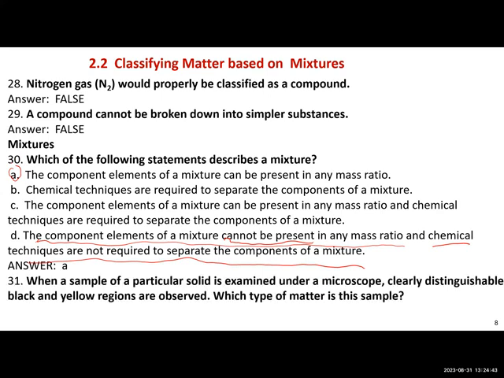If you look at a particular solid under a microscope, clearly distinguishable black and yellow regions are observed. Which type of matter is this sample? This is the homogeneous versus heterogeneous. When you can see distinct regions, bulk regions, that's a heterogeneous mixture.